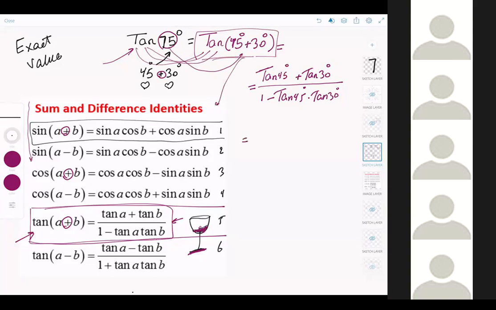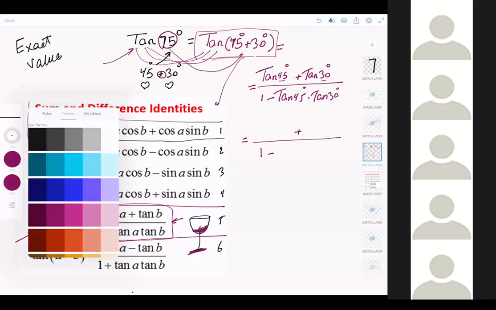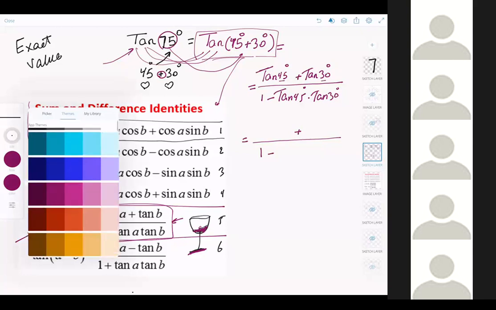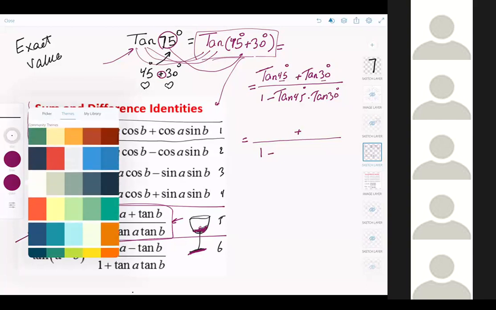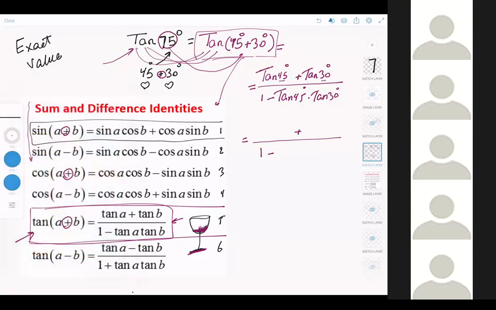Now we go to the unit circle because we are dealing with 45 and 30. We know them exactly. What is tangent of 45? One. Very good. Tangent of 45 is 1. What is tangent of 30?